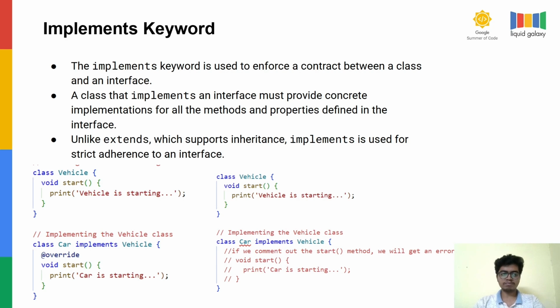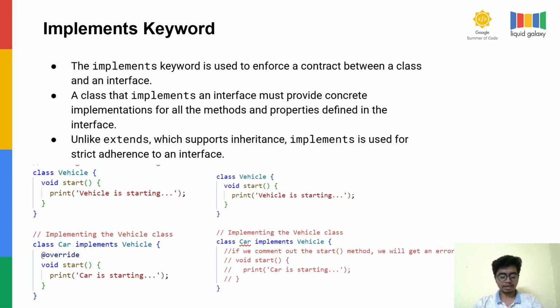Currently, there is only one method, start. If it has more than one method, then it has to implement all the methods defined in the vehicle class. If it fails to define them in the class, then it will give an error.